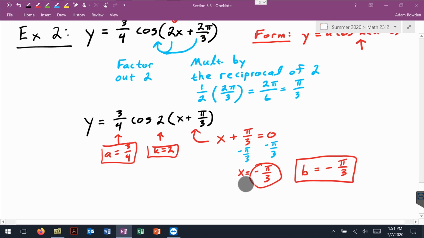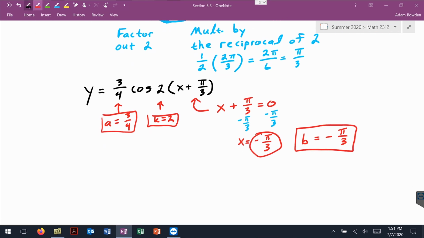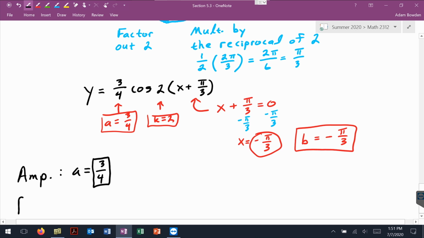Now we know the three numbers. We can say what the amplitude is to start. Amplitude is 3/4. It's the a value, 3/4, a positive number here. The period is 2 pi over k.